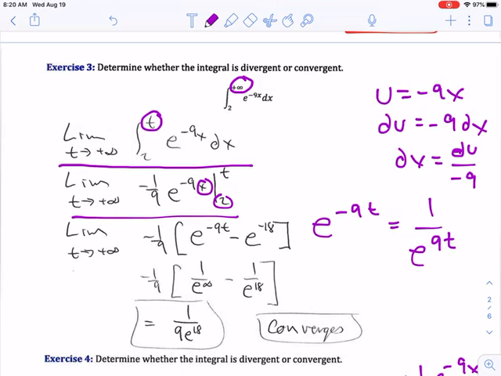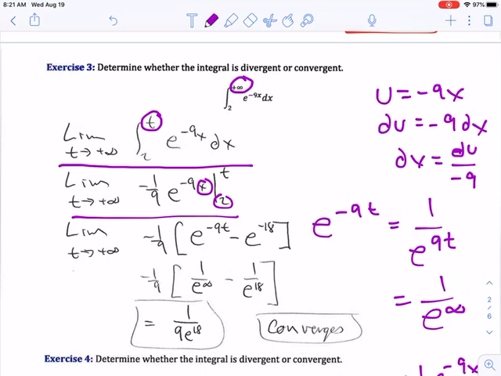All right, so t is getting infinitely large, which means 9t is getting infinitely large. So basically the exponent is approaching infinity. 9 times infinity is infinity. So we have 1 over e to the infinity.